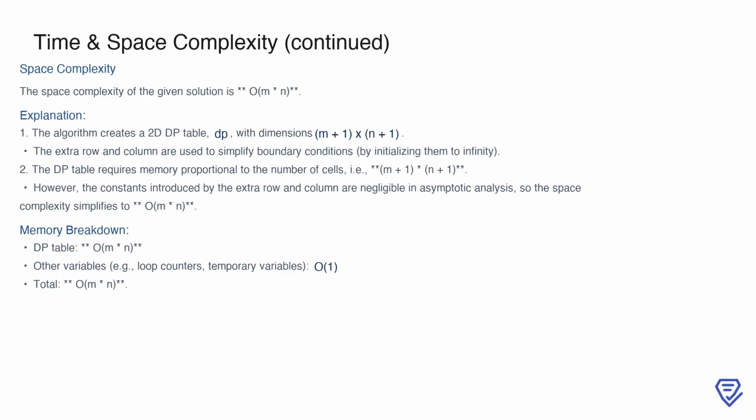However, in asymptotic analysis, these constant additions from the extra row and column are negligible, so the space complexity simplifies to O(m*n). When we break this down further, the main memory consumption comes from the DP table itself, which is O(m*n), while other variables like loop counters and temporary storage add only O(1) to the total. Therefore, the overall space complexity remains O(m*n).